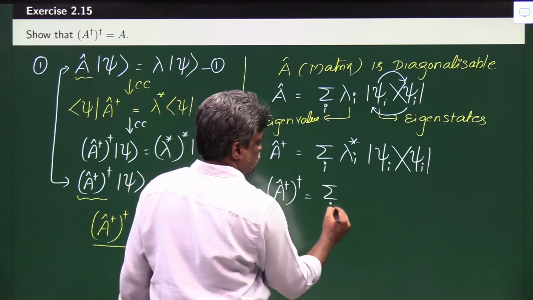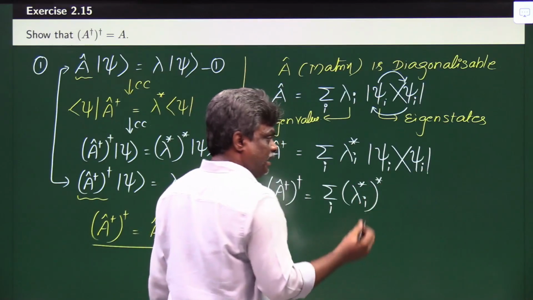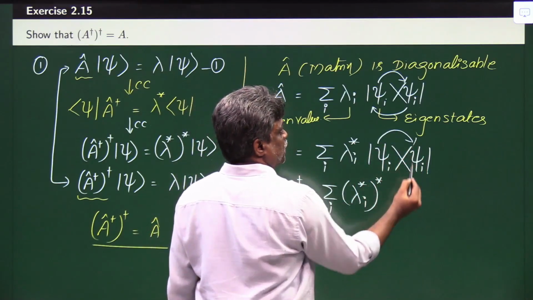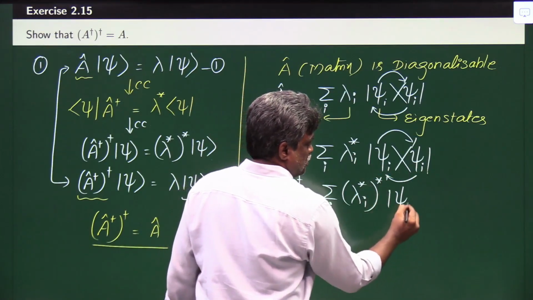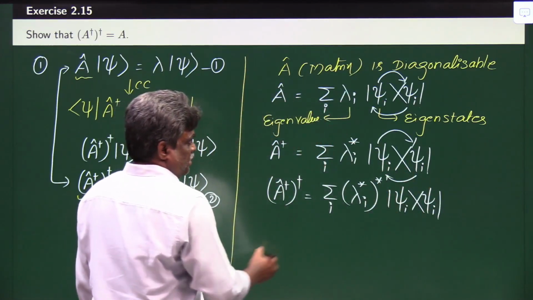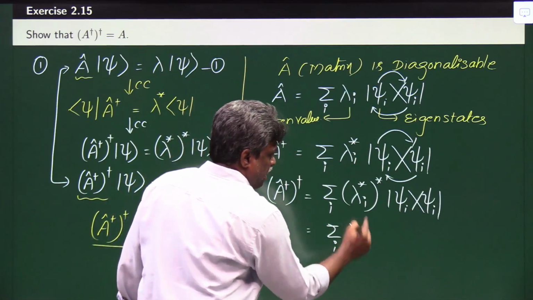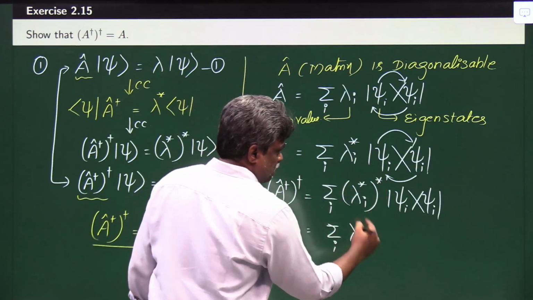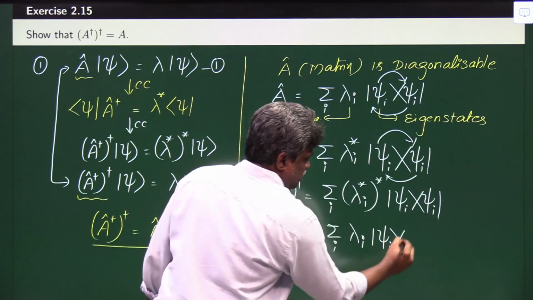So this is the summation over i, lambda i star whole star, and again this ket goes to bra, and bra becomes ket vector. So there will be no change, we got the same thing. So as usual, this becomes summation over i lambda i, here conjugate whole conjugate, and this is psi i psi i.